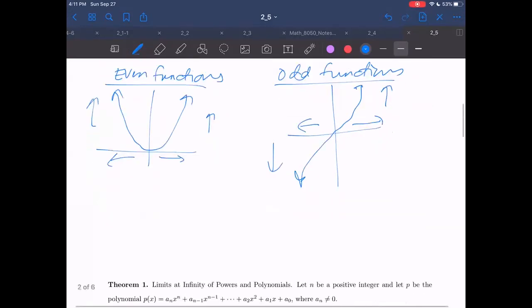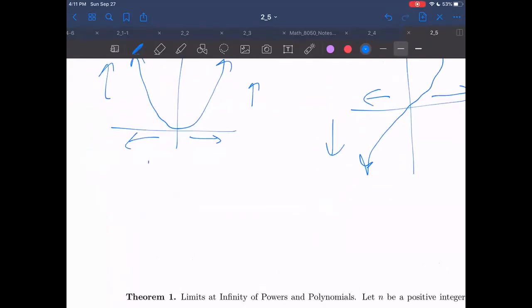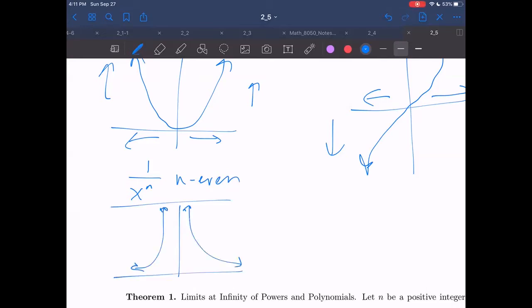Okay, and we've got 2 other likely cases. We've got 1 over x to the n where n is even. They look like this.